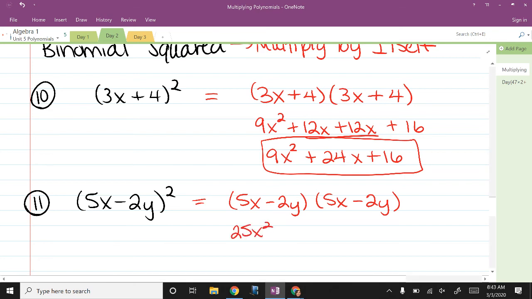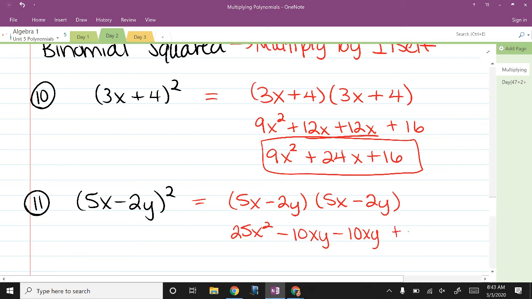What's 5x times negative 2y? Negative 10xy. You just combine the variables. And then right here, same thing, negative 2y times 5x. You can put it in the same order so they look alike. Negative 10xy. And then what's negative 2y times negative 2y?